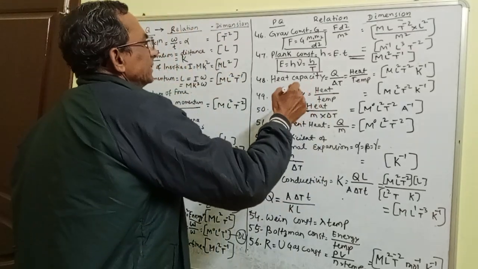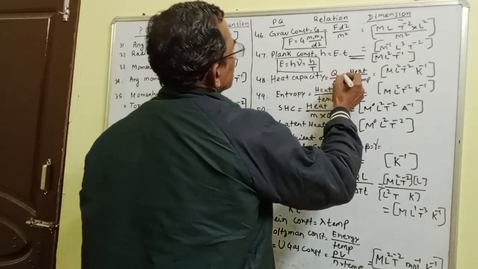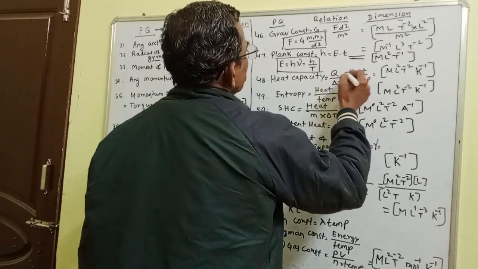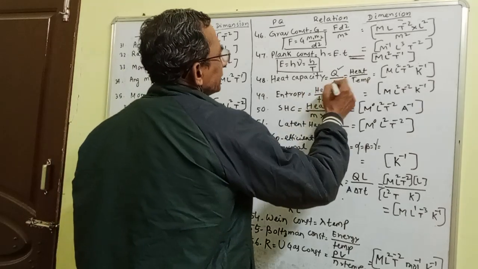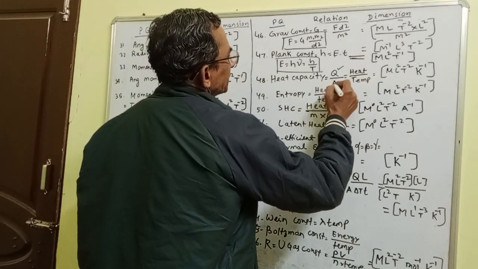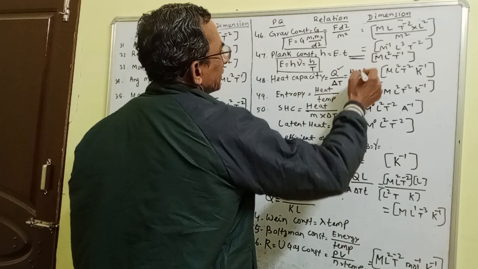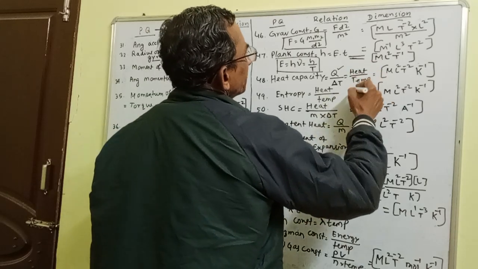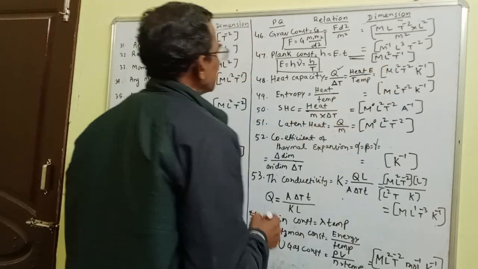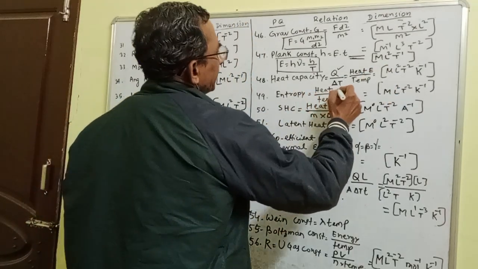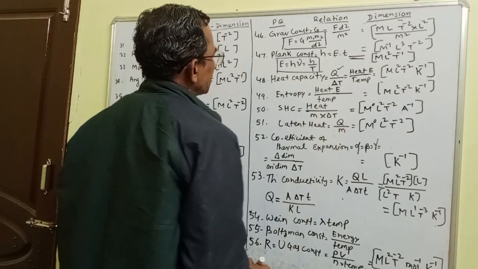Heat capacity is the heat absorbed by the object by change in temperature, that is heat energy by temperature. Specific heat is heat energy by temperature. Entropy is again heat energy by temperature.